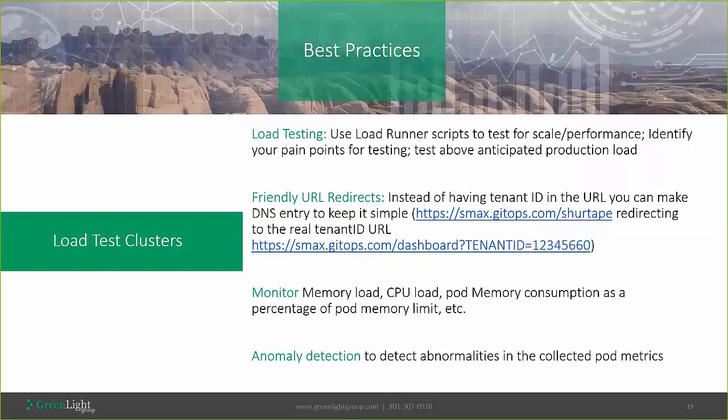A couple of notes on that. In earlier versions, the pod memory usage was very sporadic. They would spike randomly and then come down. In the latest versions, that has been improved greatly, so the memory usage isn't quite so erratic. It's much more stable.